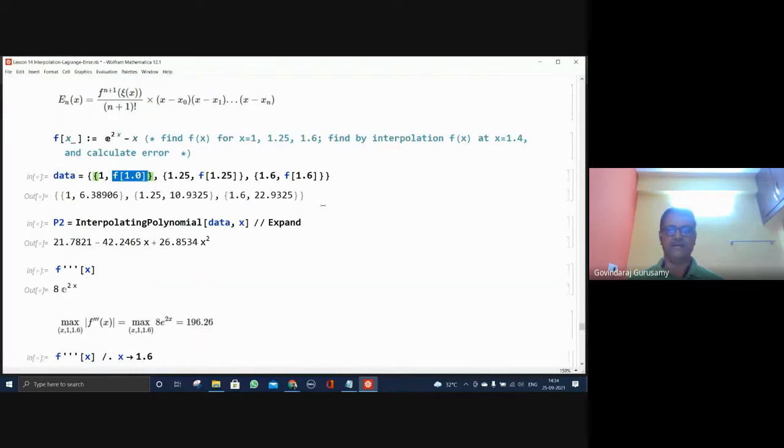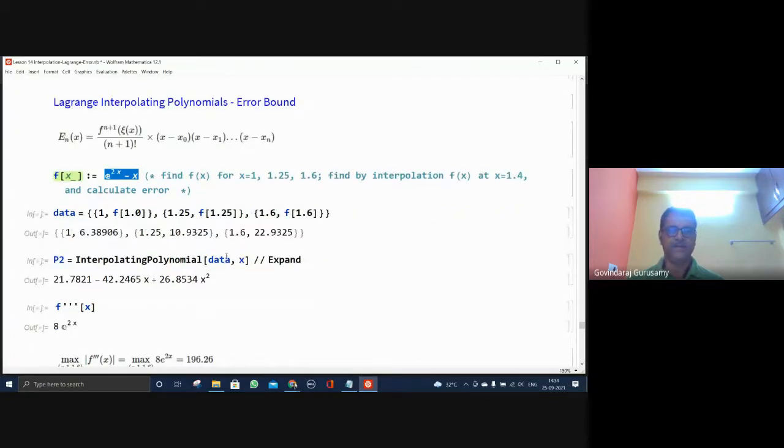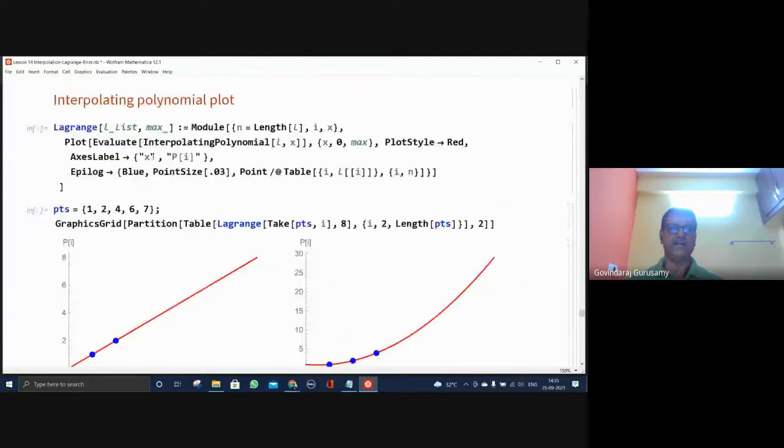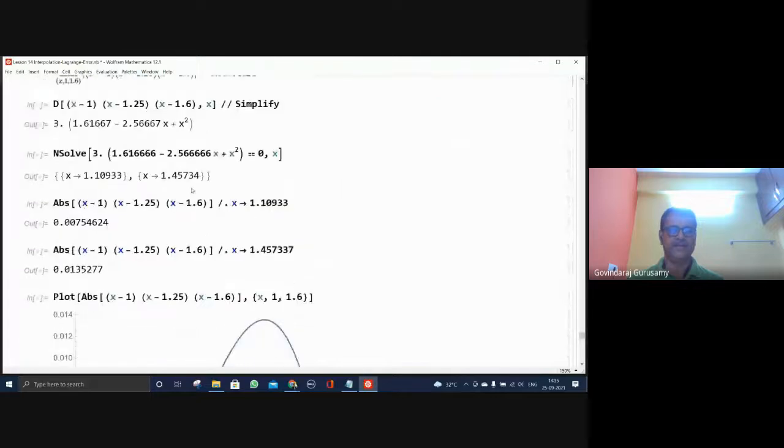So we have already seen a number of problems where we can find out the interpolation, but here the function itself is given, and we are going to generate the data at 3 different points, 1, 1.25 and 1.6. So generate them and get the interpolating polynomial using Mathematica code itself, or you can try with whatever I have described earlier, and get the polynomial first.